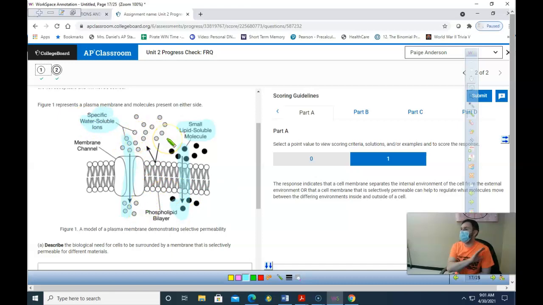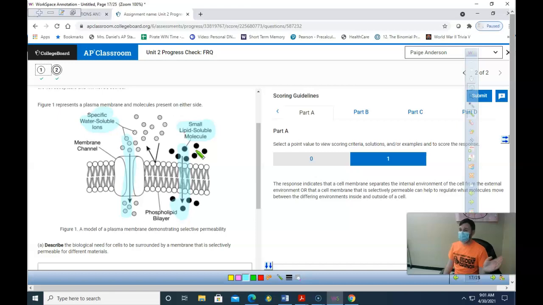So these can't enter at every point of the membrane. They can only enter at specific entry points, which you can control. You can control proteins and channels. But some things are allowed to go in and out freely. So this picture shows that the small lipid things go in and out freely, and the other ones have to use a channel. And that's your answer, actually. Some enter freely, some need a doorway. And that's how it shows it.